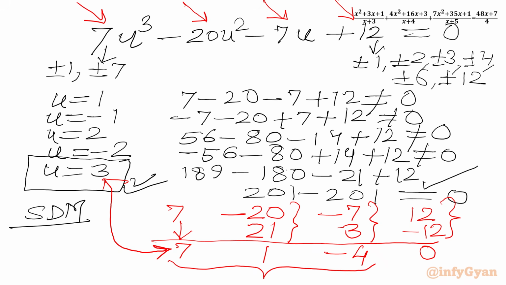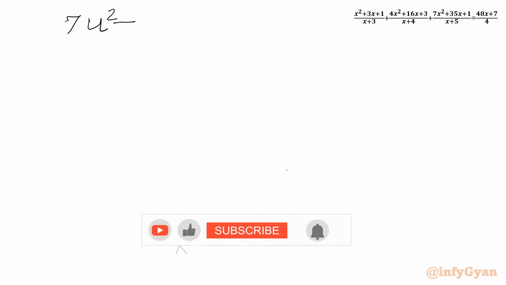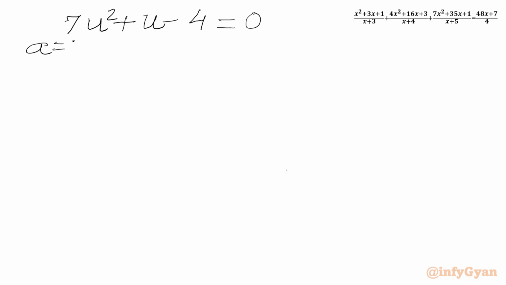And these are the coefficients for the quadratic equation in u. So we will write the quadratic 7u square plus u minus 4 equal to 0. Here a is 7, b is 1, c is negative 4. We are going to use the quadratic formula to find the values of u.